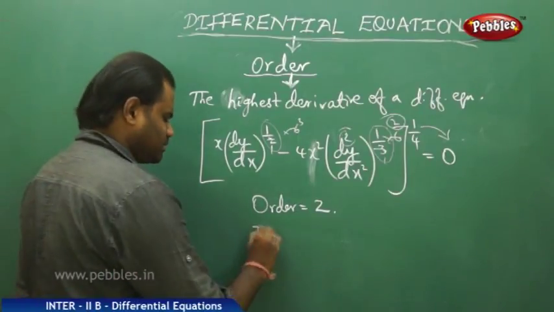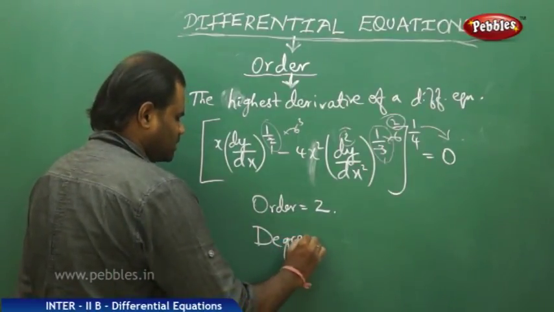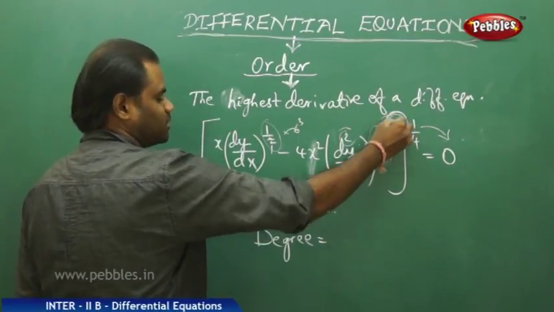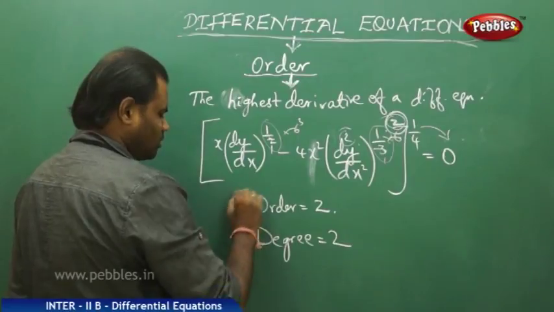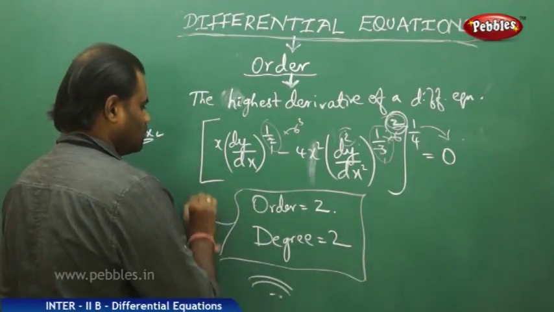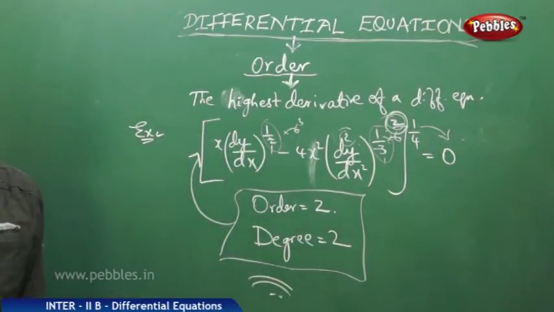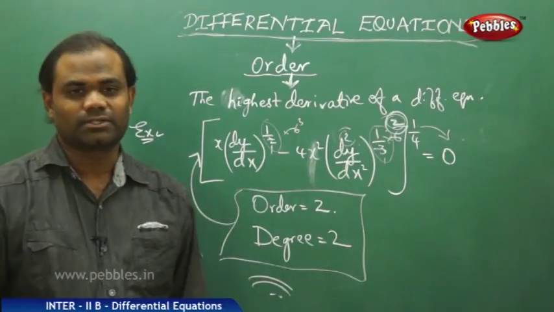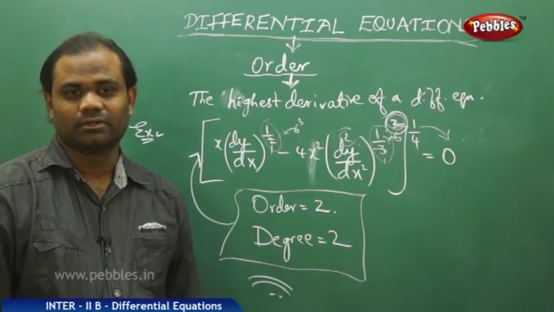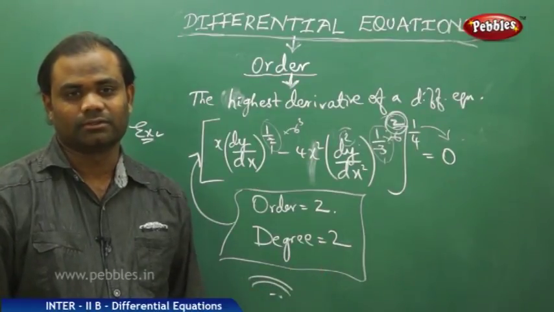And therefore I get my degree as the power of the order, that is 2, so order is 2 and degree is 2 for the given differential equation, is how we understand order and degree of a differential equation connected.